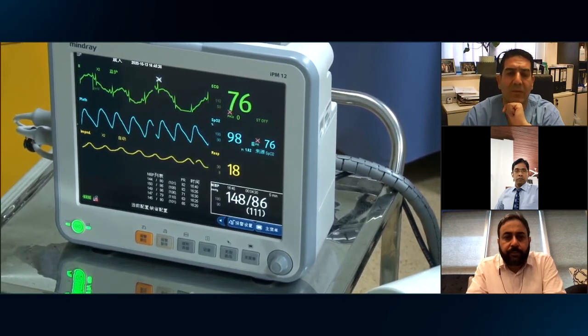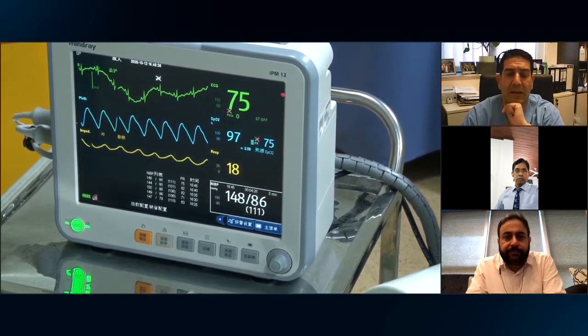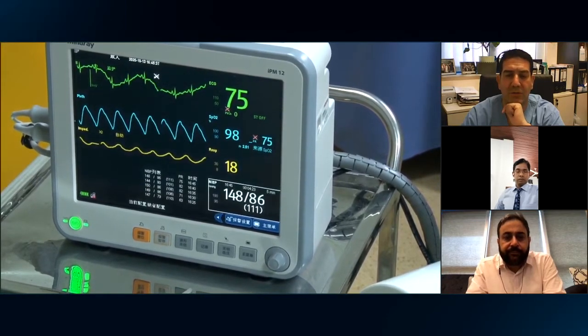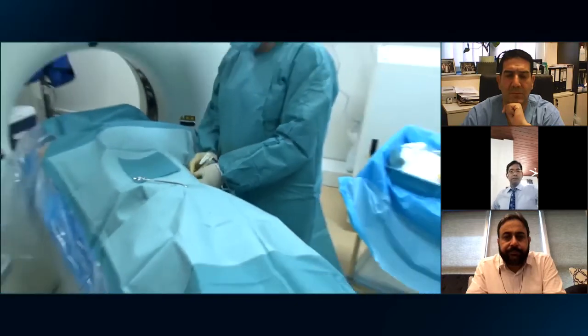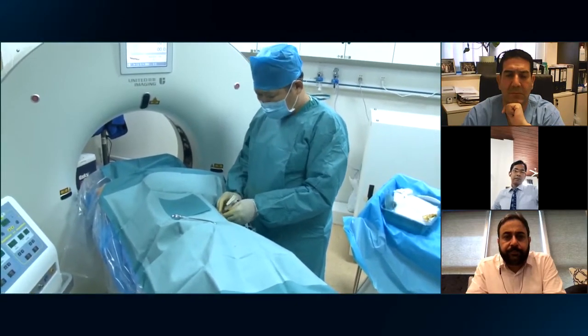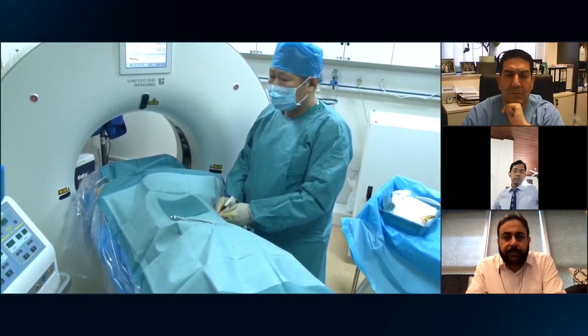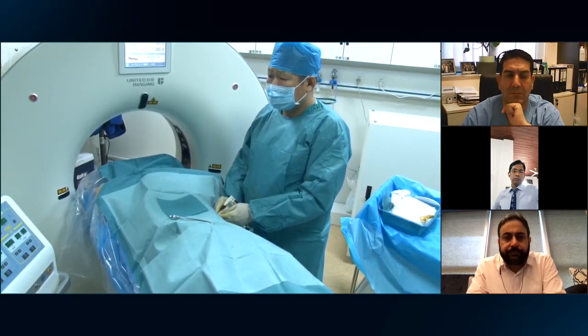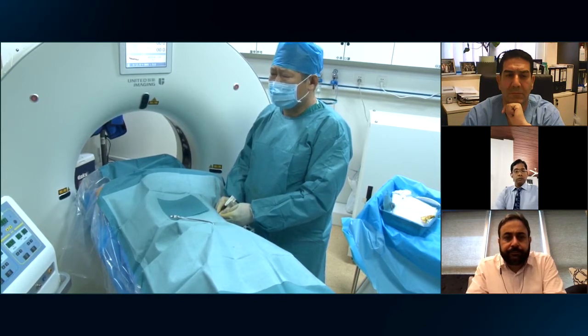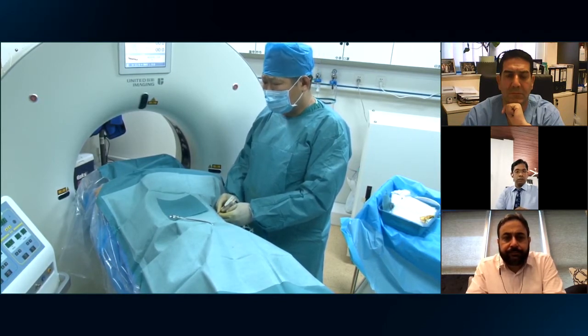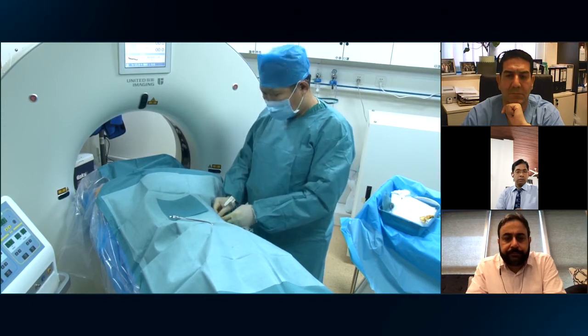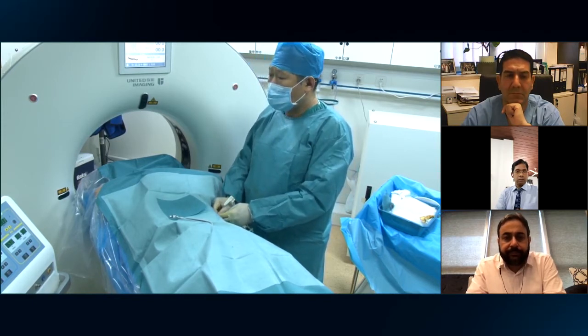We can see that this is quite well tolerated and the patient is not tachycardic and has a good pressure. Yes, we have anesthesia.